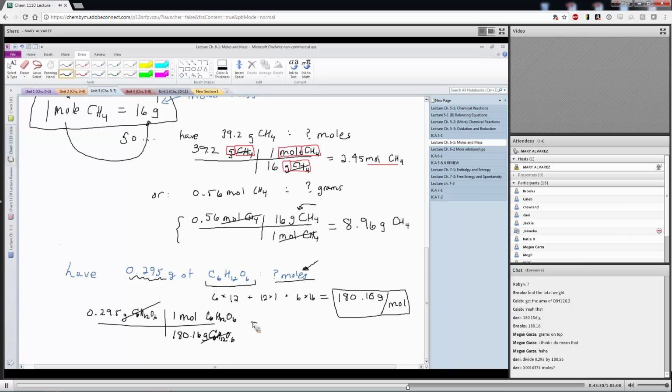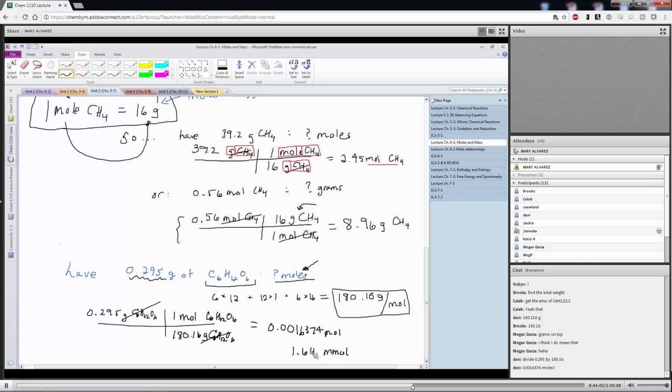And when we divide 0.295 by 180.16, then we get 0.00164 moles. Or we could say 1.64 millimoles. We round it off here. Obviously, these are both the same answer, and I wouldn't make you choose between them on an exam, okay?